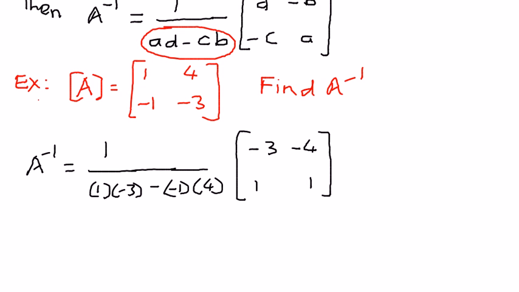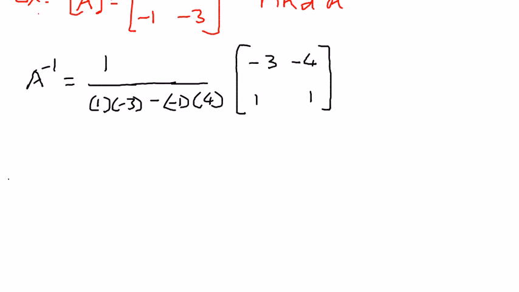And now if we were to come back in here and simplify this some more, this is how it's going to look. 1 divided by 1 times -3 is -3, and then -1 times 4 is -4, and minus -4 is +4. Then we have -3, -4, 1 and 1.